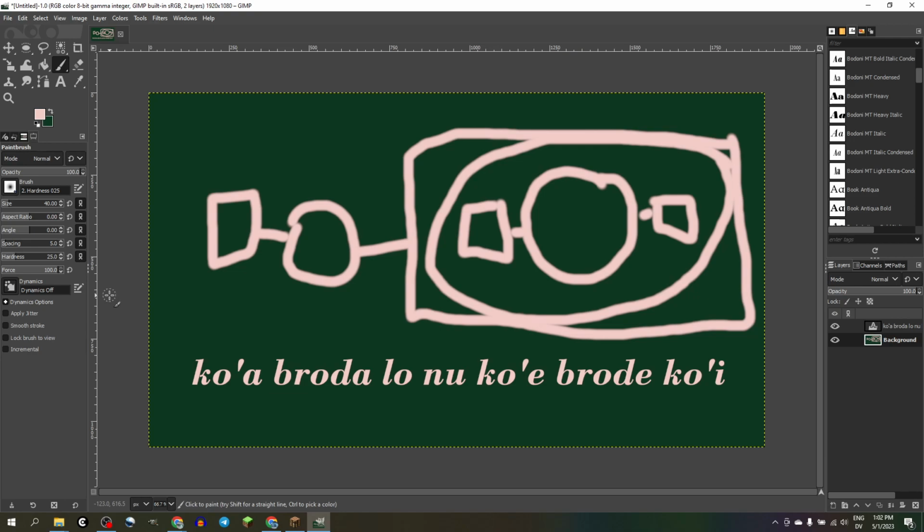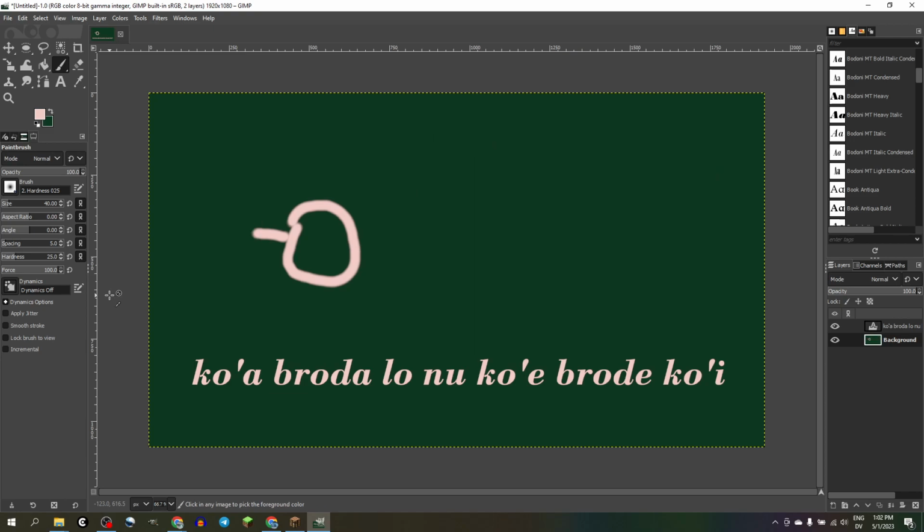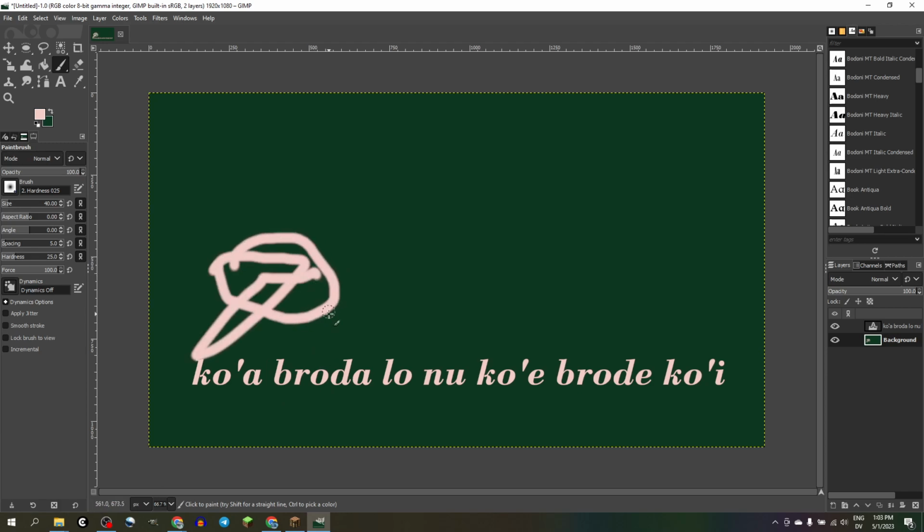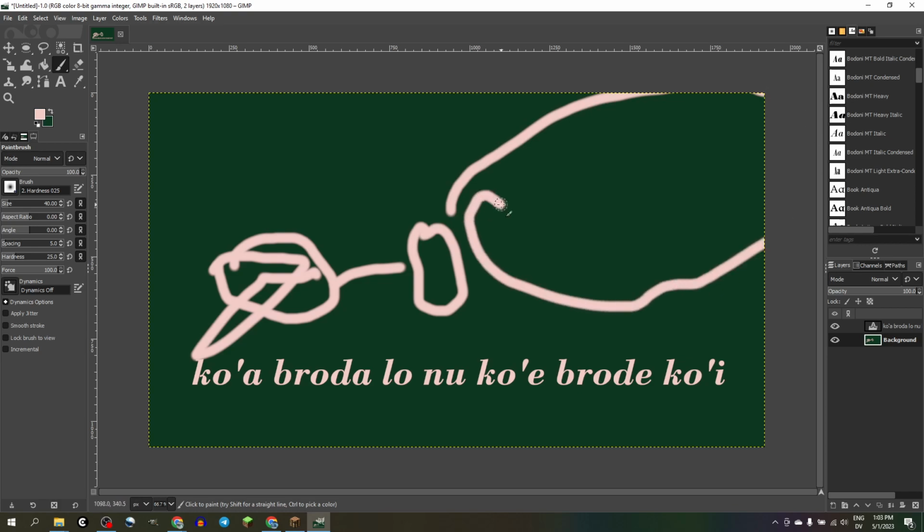Okay, I'm telling you that is not how you can parse Lojban at speed. That is how you can think about Lojban slowly. But the way you can actually do it at speed is you make a unit koha broda, and then you connect koha broda to a thing with the lo nu and the rest of it.